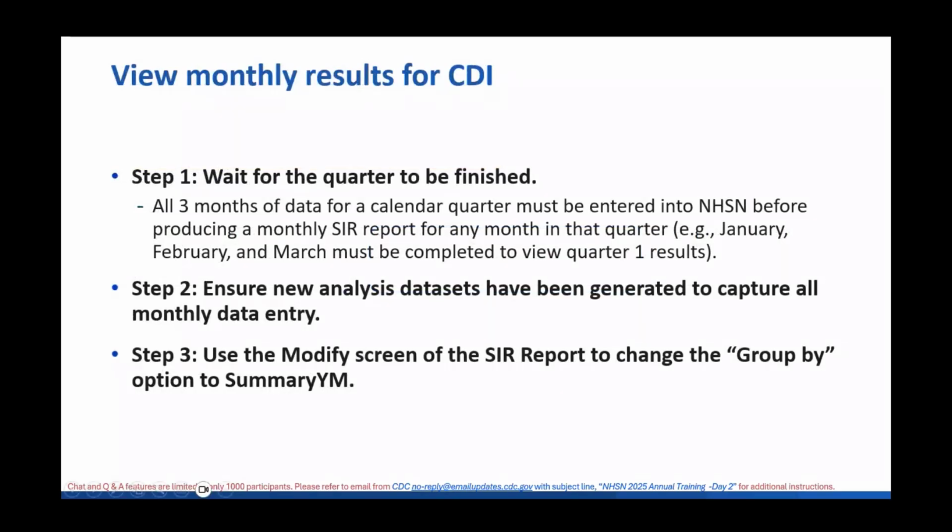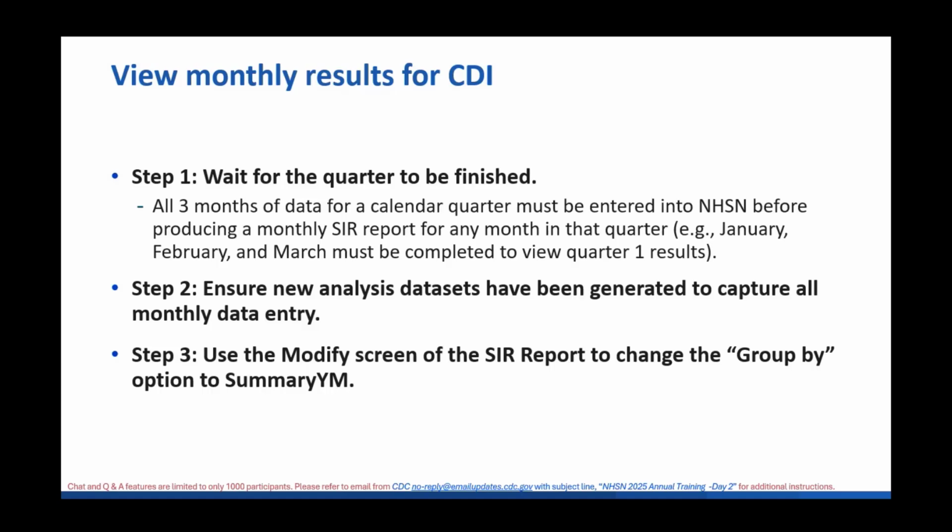Okay. Something that is slightly different from the 2015 models is that there is now an option to view monthly results for CDI. There are a few steps to do so. The first is to wait for that quarter to be complete.